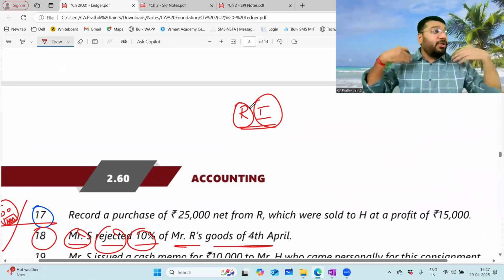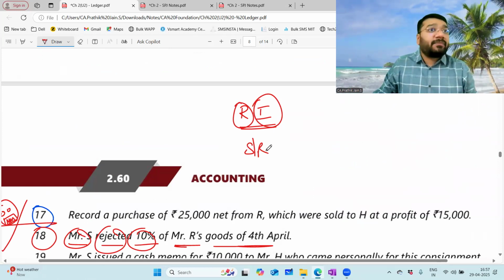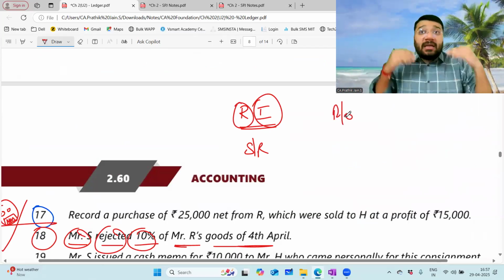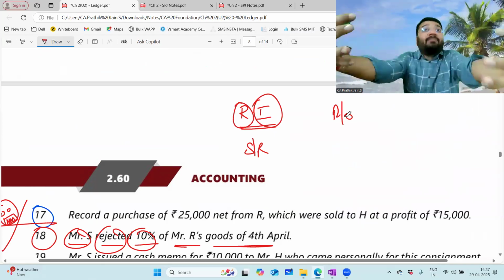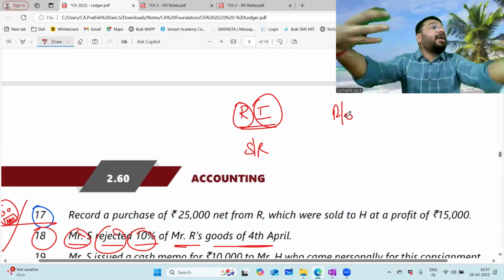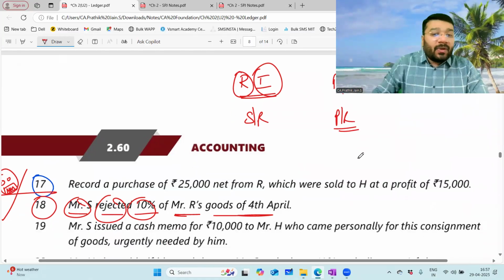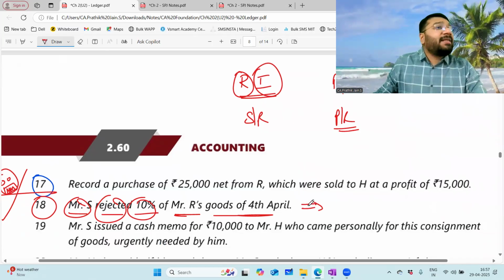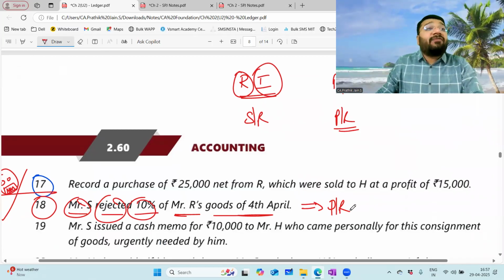He returned it back. So that goods is coming inside the business. So return inward means sales return. Return outward means the return is going out. When does it go out? I purchase the goods. I don't like it. I'm returning it back. So it is going outside the business. So it is purchase return. So what transaction is this? Sales return or purchase return? Purchase return. Wonderful. Please tell me the journal entry for purchase return.